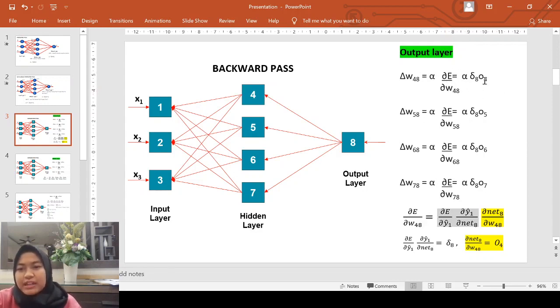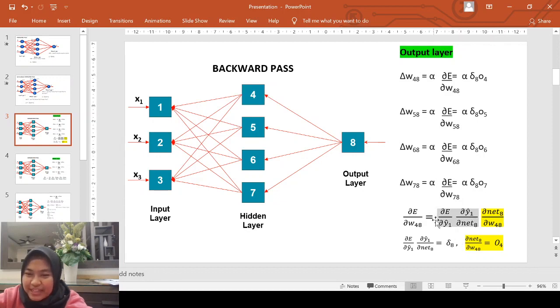We get alpha delta 8 times output 4. So how do we get this? We obtain delta E over delta W48 by chain rule: delta E over delta y hat 1, times delta y hat over delta net 8, times delta net 8 over delta W48.